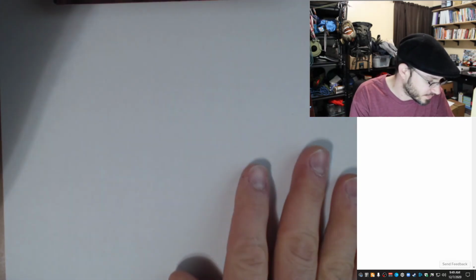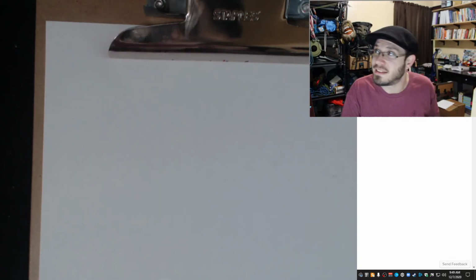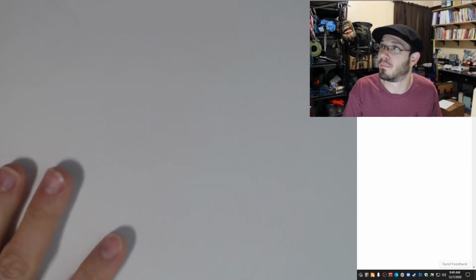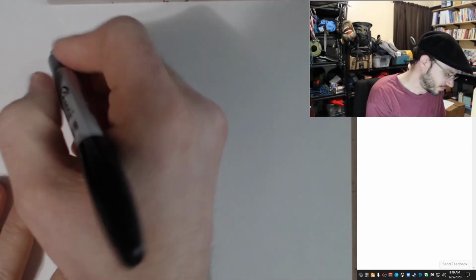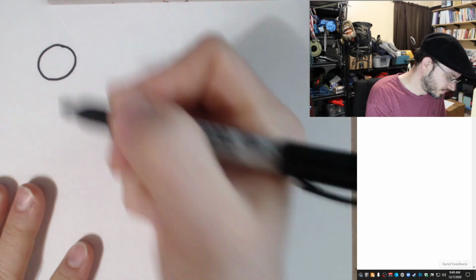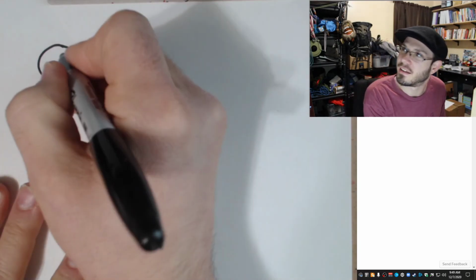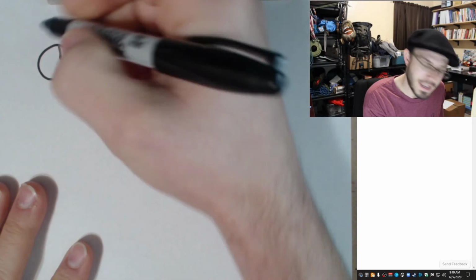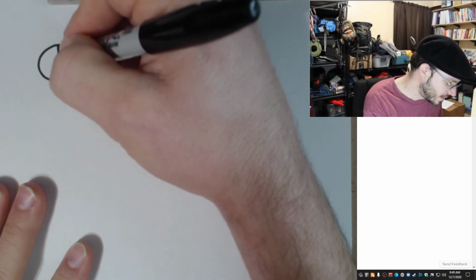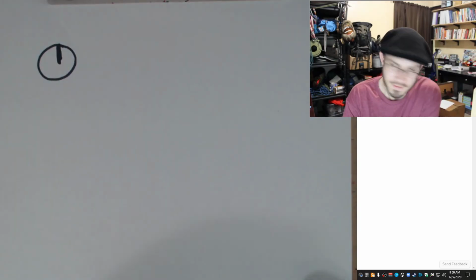Your eyes have a sampling rate. This is the best illustration I can give of this problem. So you look at the tire, and it looks like this.